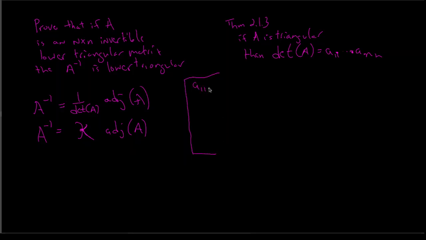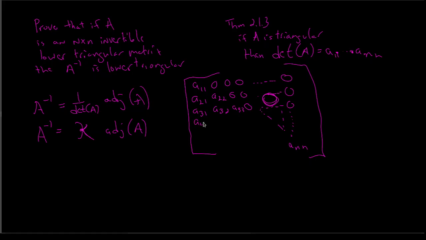So we have A11, 0, 0, 0, all the way out to A1n, A21, A22, 0, 0, all the way out to A2n, A31, A32, A33, 0, all the way out, and then we'll have A sub nn here, and we'll recognize that everything in here are zeros.